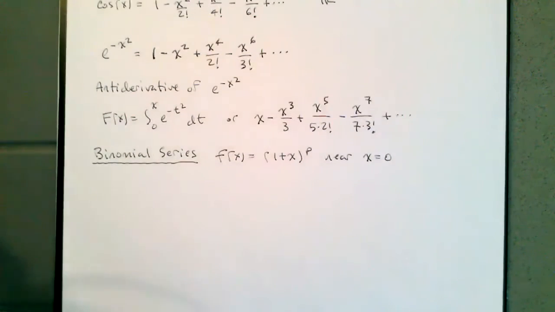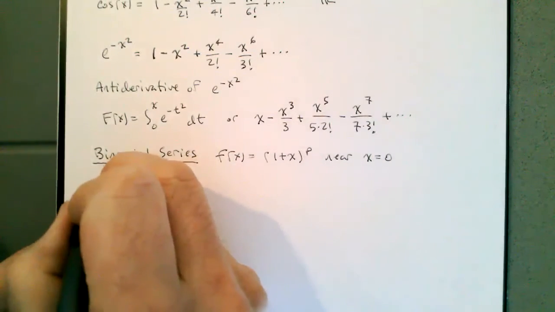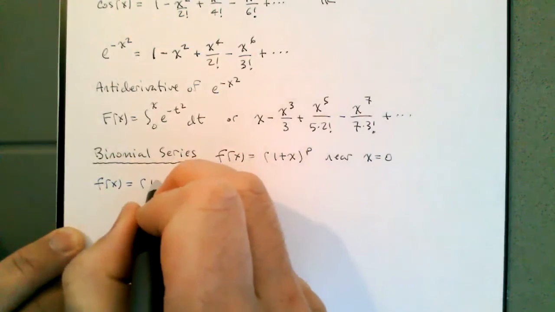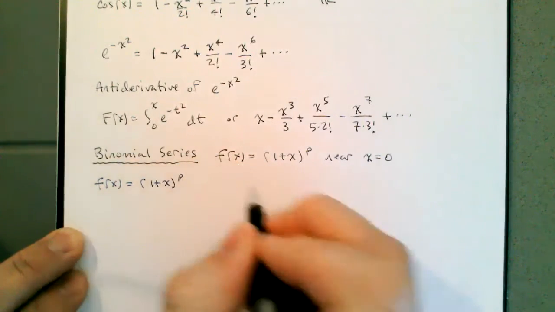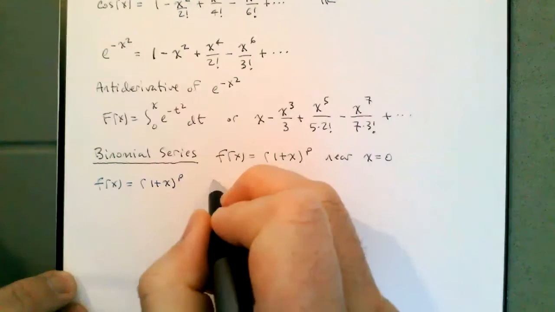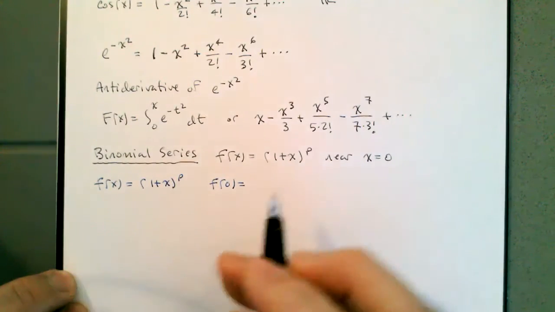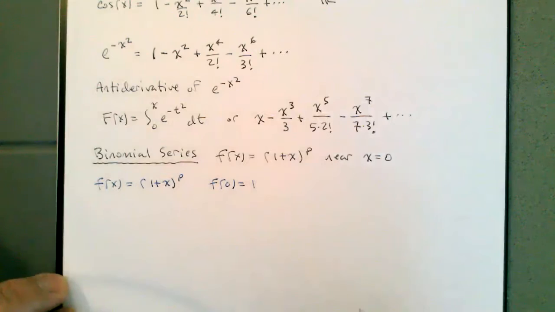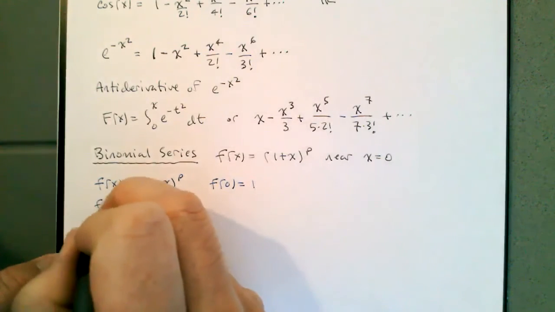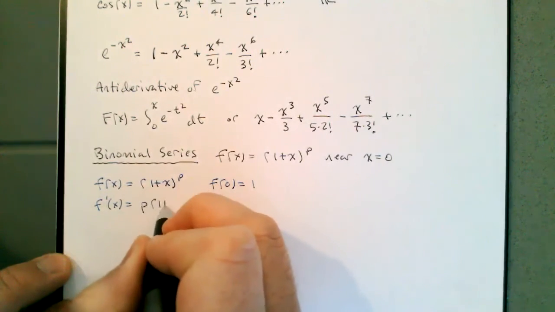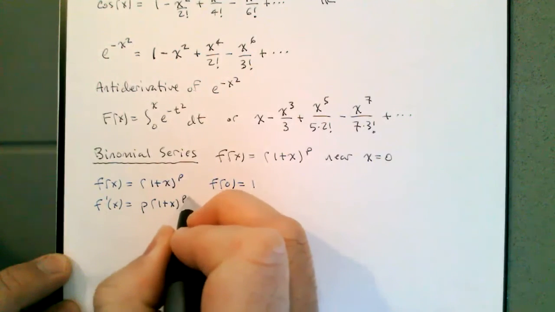So let's take a look at our function. Our function f of x is going to be 1 plus x to the p. So our function at 0 will just be 1 plus 0, or 1 to the p, which is 1. F prime of x is p times 1 plus x to the p minus 1.